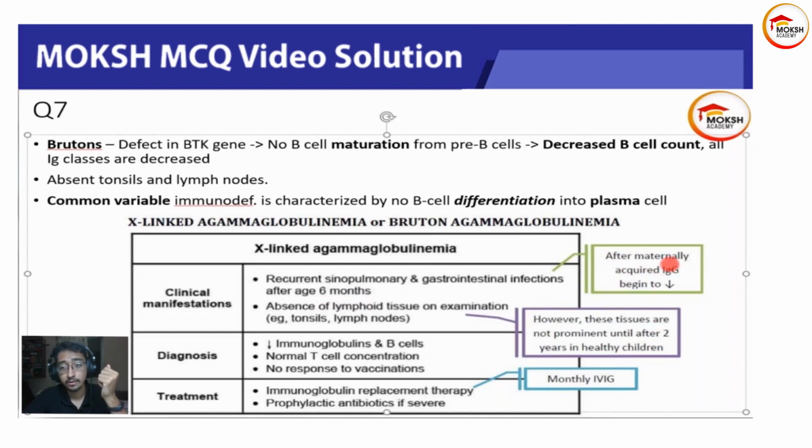Because maternally acquired immunoglobulins होते हैं, they decrease after 6 months. ठीक है? And how do you treat these patients? Treatment is with immunoglobulin replacement therapy and antibiotics for the infections. Pretty straightforward.